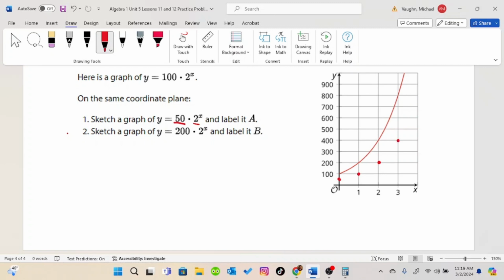And 400 times 2 is 800. And then we can connect, and this would be graph A.